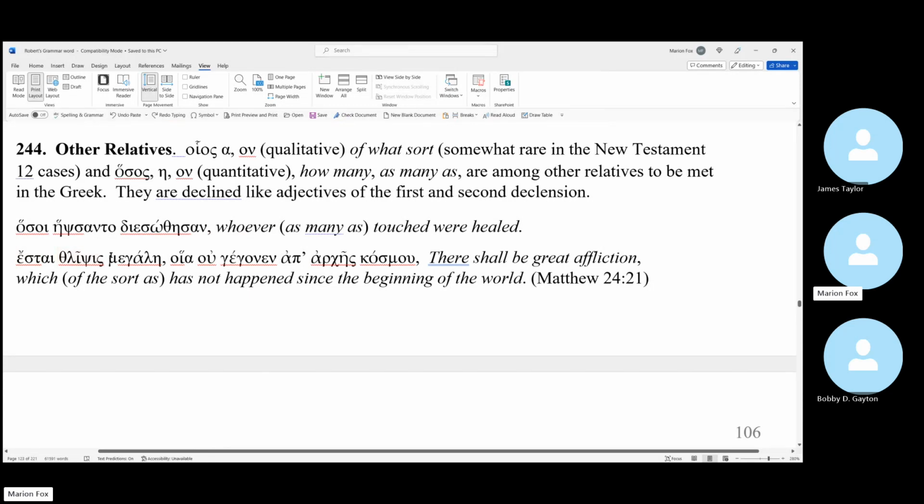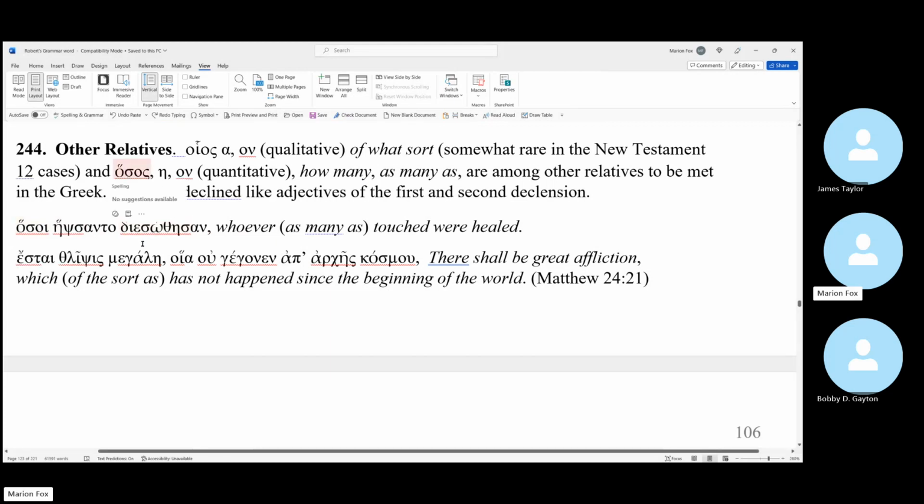And this, I believe, is the form of hostis. Hoios and hosos. And here's hosoi and hoios. This is the first one up here, and here is the second one right here.